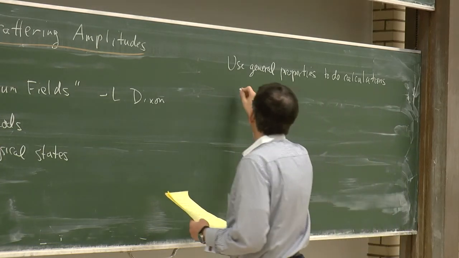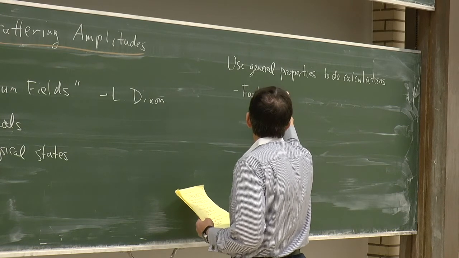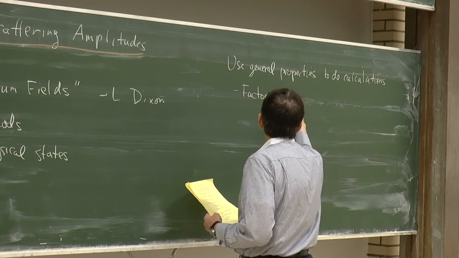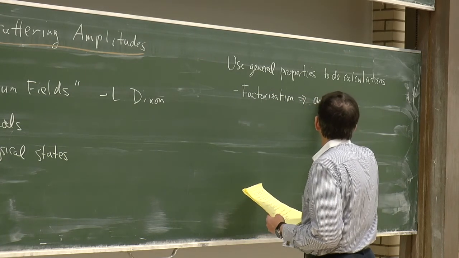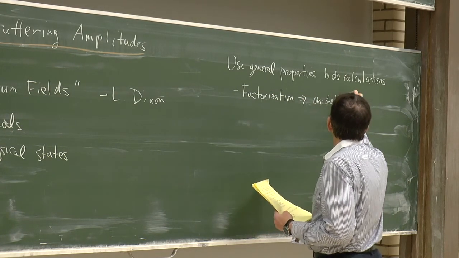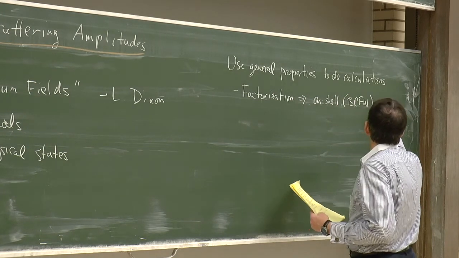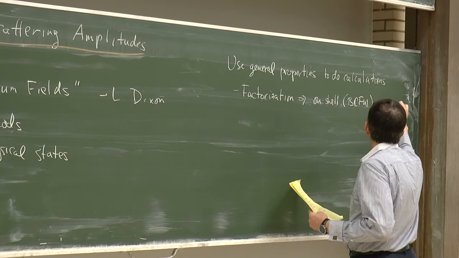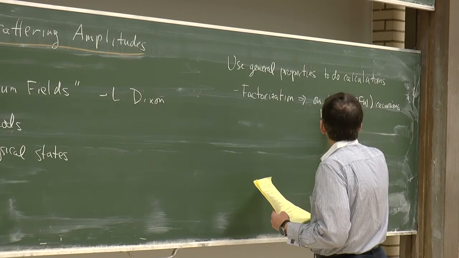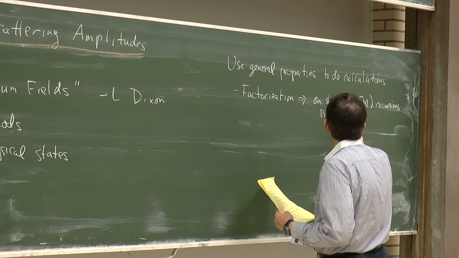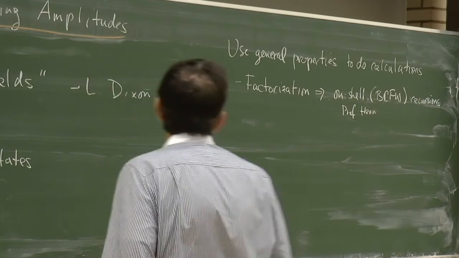So we have factorization, a general property of amplitudes in quantum field theory, and that leads to the so-called on-shell or BCFW recursions, which Professor Hen has talked about in his lectures, and which I hope some of you have already started playing with.